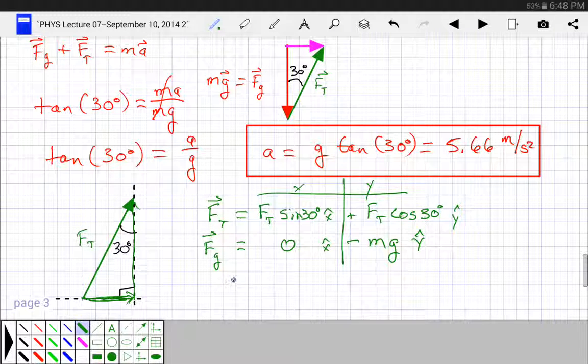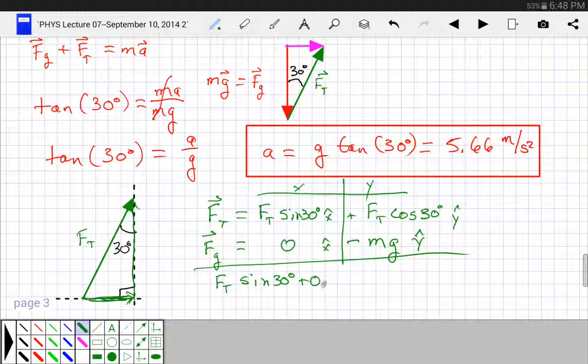Now I take these, and I can apply Newton's second law in each component direction. So in this component direction, I'm going to have ft sine of 30 degrees plus 0 equals max.